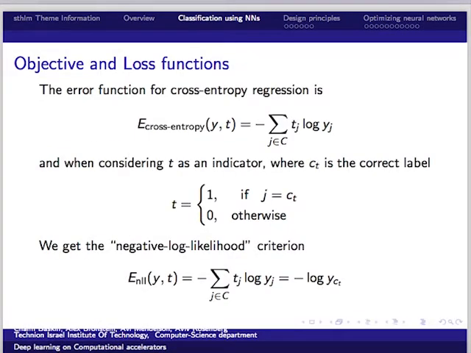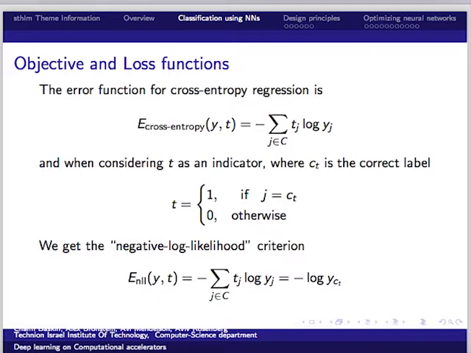Great. So the error function for cross entropy regression is minus the sum of this log. Okay, so we consider that t is our indicator, where ct is the correct label.